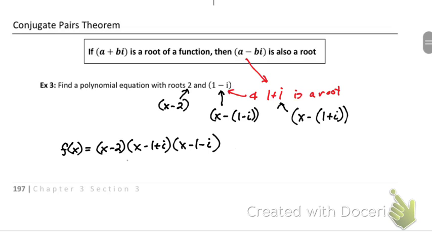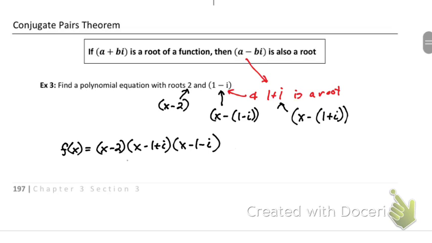If I plug 2 in, I would have 2 minus 2, which is 0. If I plug in 1 minus i in here, we'd have 1 minus 1, which is 0, and I'd have a negative i plus i, that would be 0. If I plug 1 plus i in here, our 1s and i's would cancel out, and I'd be left with 0. That's all I'm asking you to do.